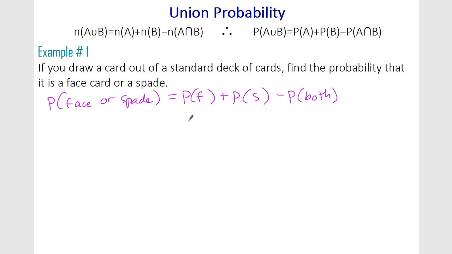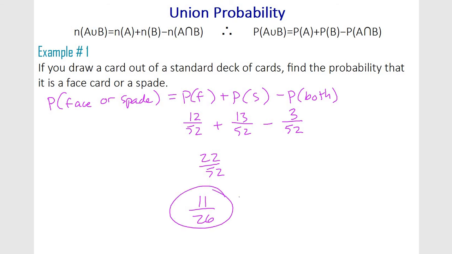Jack, Queen, King for 4 suits. That's 12 out of 52. Spade, there's 13 of those. And there are 3 face cards that are spades. So we should get 22 out of 52. And yep, that simplifies down to 11 over 26. There you have it.